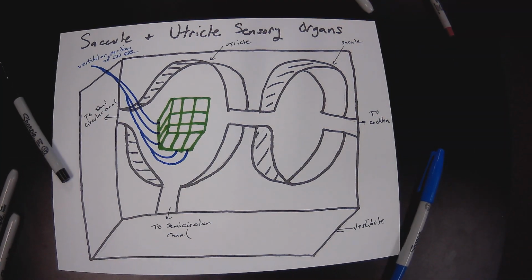They're nothing more than axons coming out of those tall cells. That's the vestibular portion of cranial nerve 8.